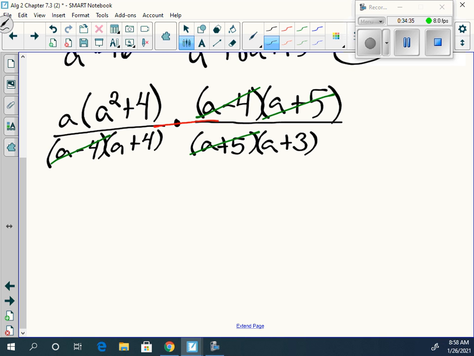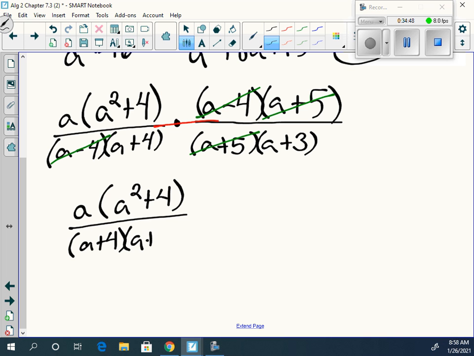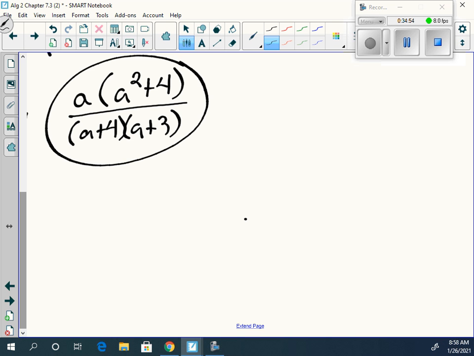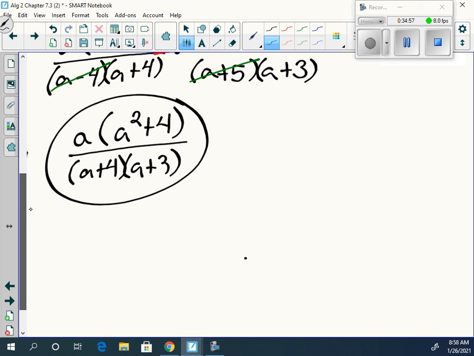Which leaves us with a times a squared plus 4 over, and this here would be our answer.